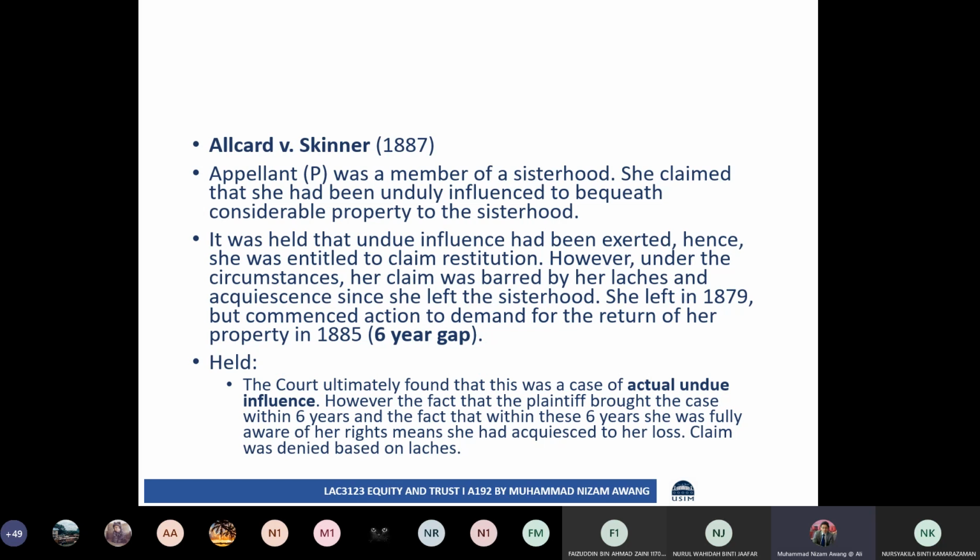In the next case, the delay was 6 years. In this case, the plaintiff was a member of a sisterhood. She claimed that she had been unduly influenced to bequeath considerable property to the sisterhood. The claim for undue influence was accepted.